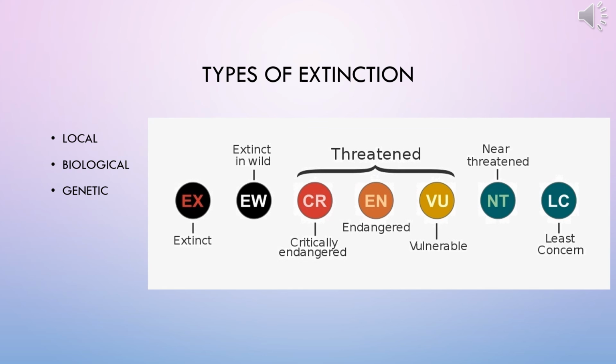Organisms can then move to near threatened, which moves them then into the threatened category. Within threatened, there are three different levels. You can be vulnerable, endangered, or critically endangered. Above the threatened, there's one of two things you can be. You can be extinct in the wild, meaning that you exist only in reserves and zoos that are maintained, or you're completely extinct.